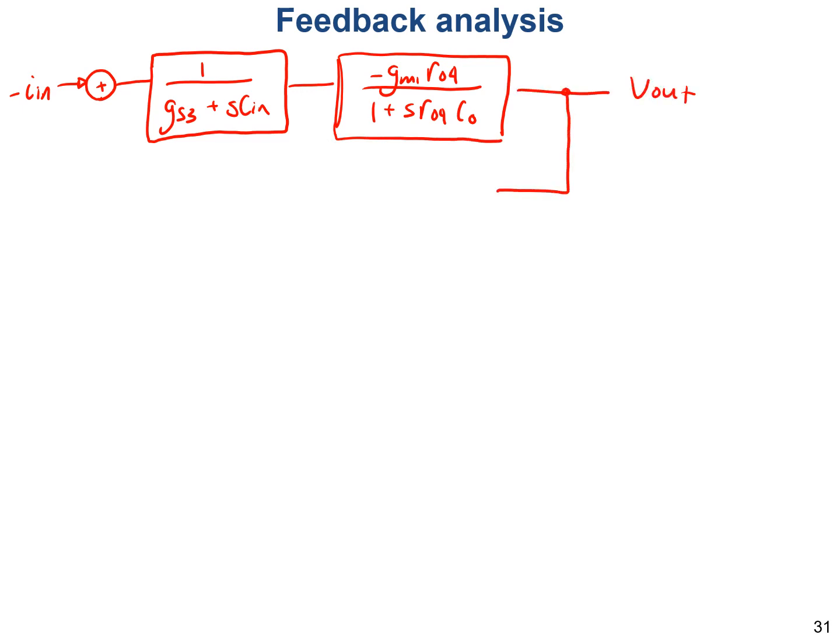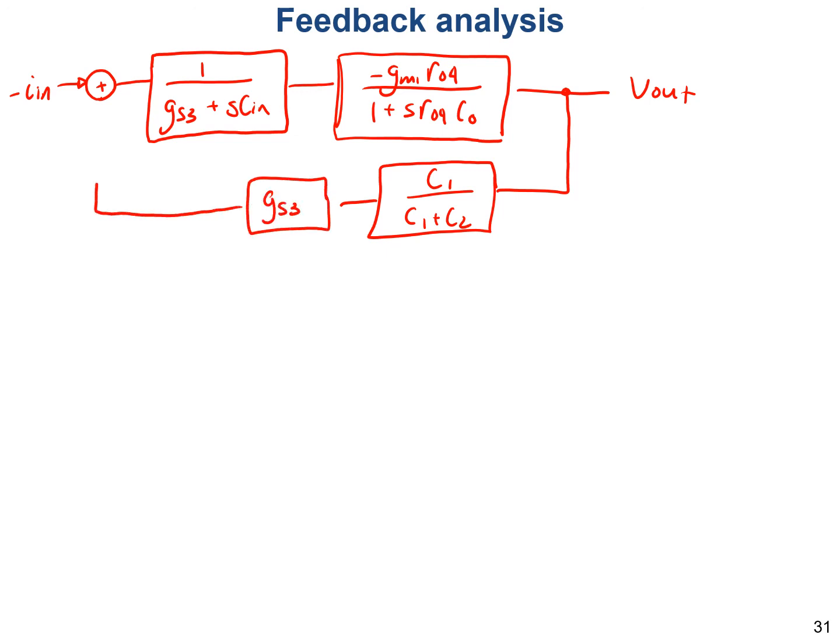Our feedback goes through this capacitive divider at AC, C1 plus C2. That generates, this is still a voltage actually, and then GS3 generates the current, which we then add over here. So what I'm going to do is take this GS and push it over here.